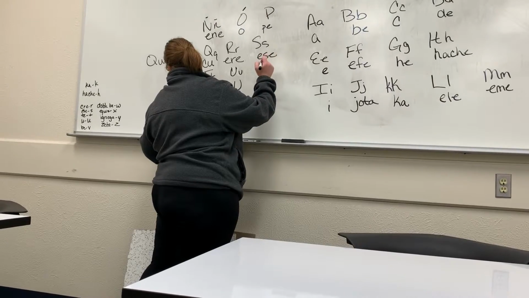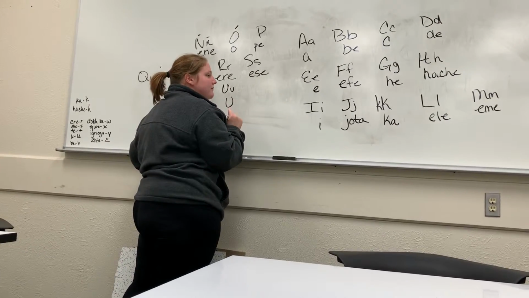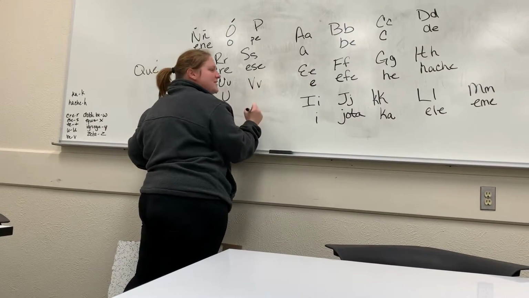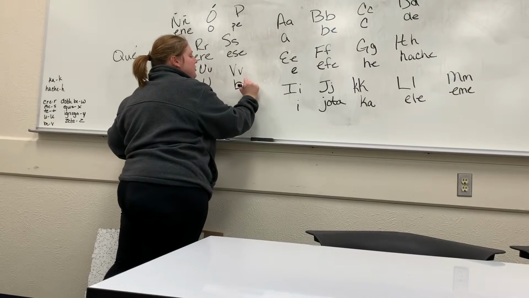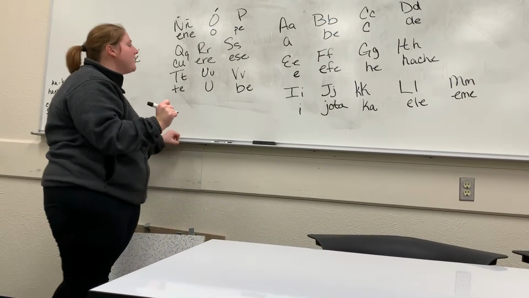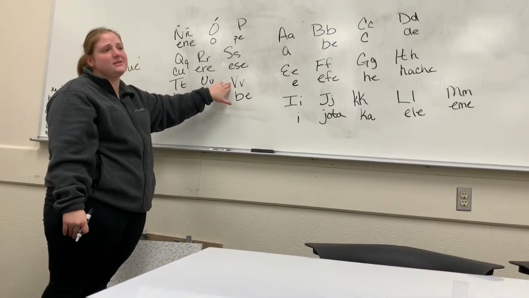Okay, so we got V. Now I'm sure you're thinking, V, that sounds like our v sound in English. But when you think of V, you think of a V in English, but it's actually a B sound in Spanish.